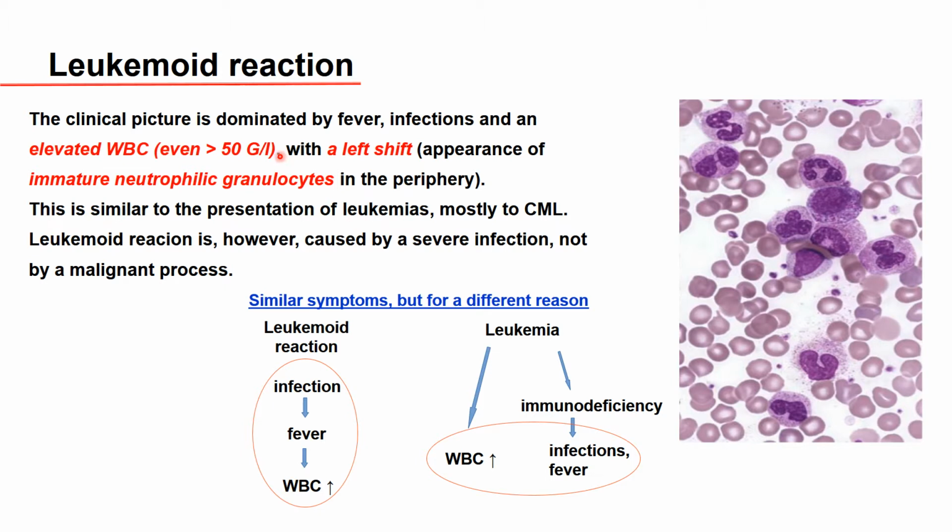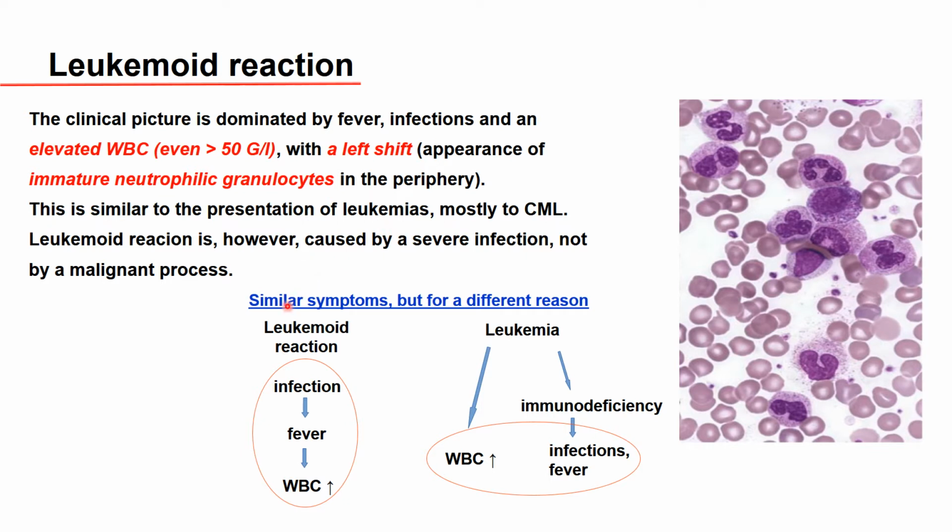Now, when we do have a leukemoid reaction, leukemoid means looks like leukemia, but is not leukemia, but this left shift is so severe that the peripheral picture could show a picture of mostly chronic myeloid leukemia.